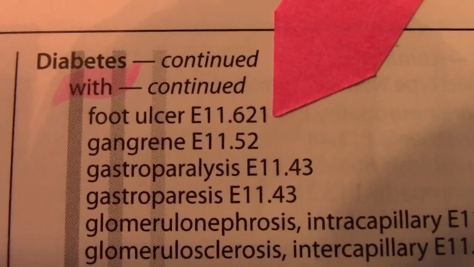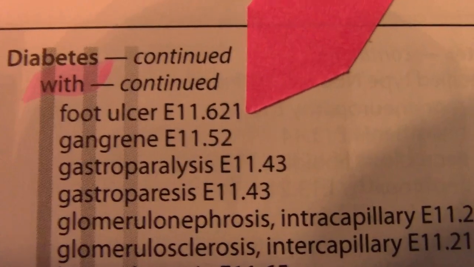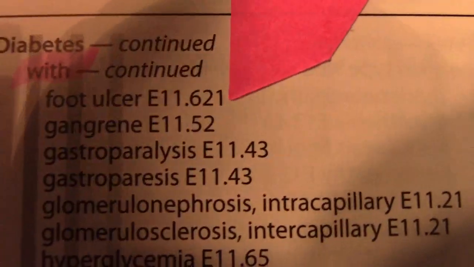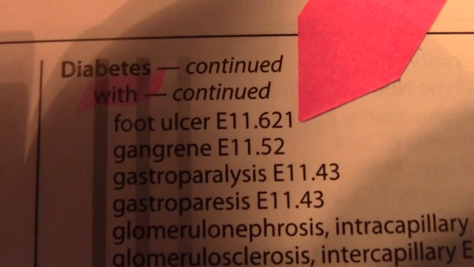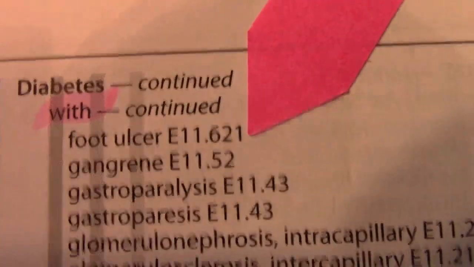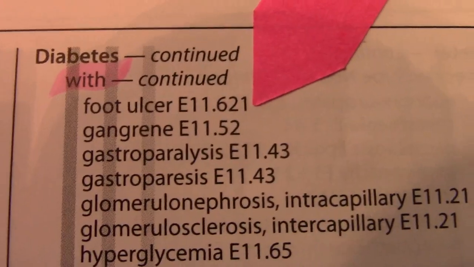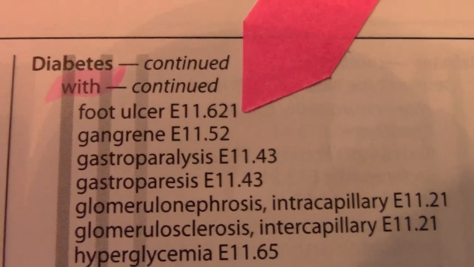It gives me E11.621. I'm under main term diabetes. And right up under there, you'll see foot ulcer, E11.621.